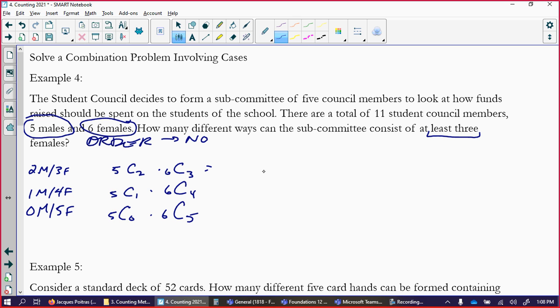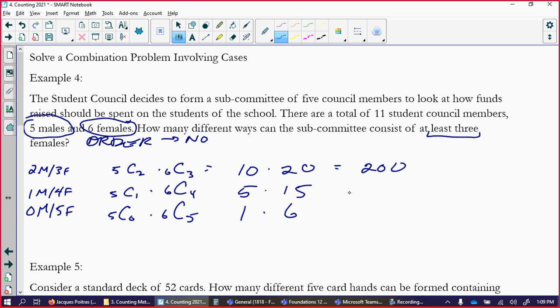5C2 is 10. 6C3 is 20. 5C1 is 5, 6C4 is 15. And 5C0 is 1, 6C5 is 6.